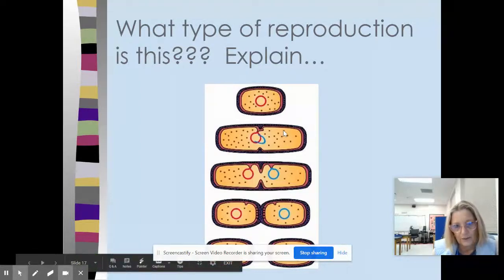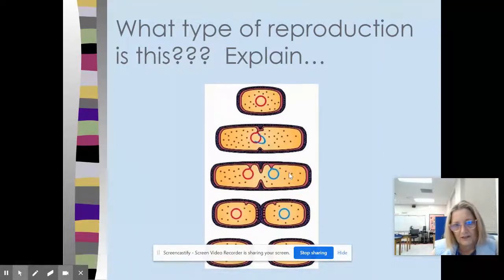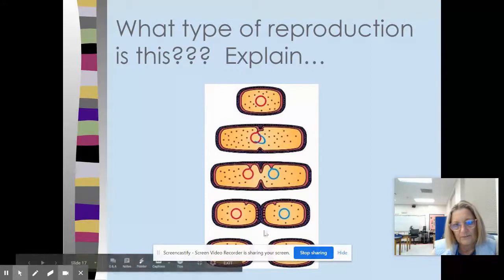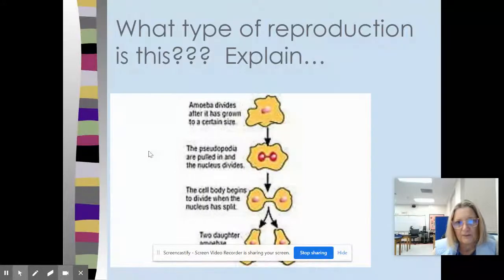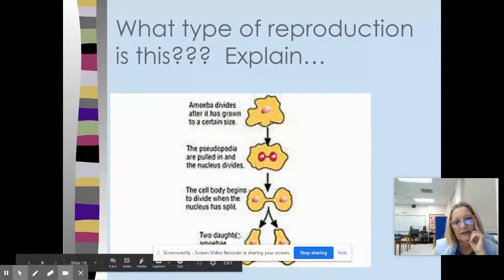It's going through the process of dividing equally, and then you have two cells that are identical to the first cell. Here again, we have an amoeba. The DNA is copying, the cell body divides, and then you have two daughter cells that are identical.